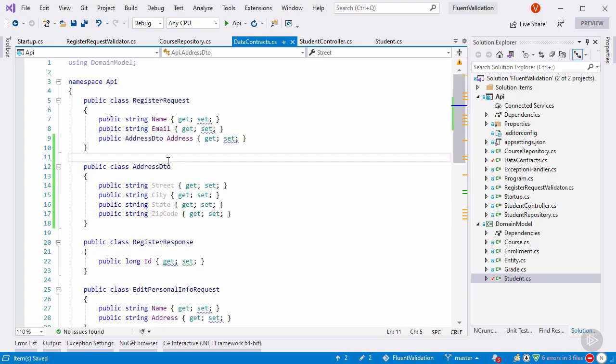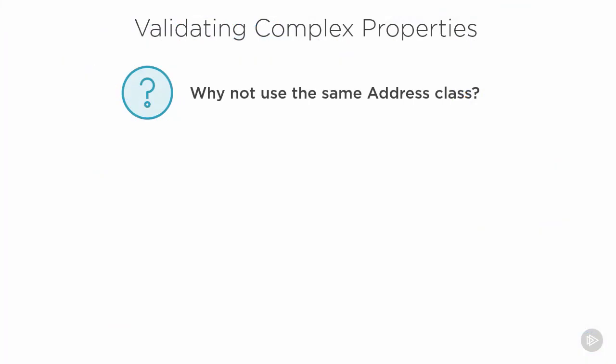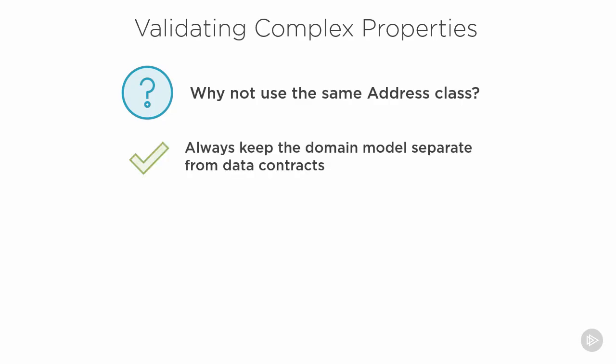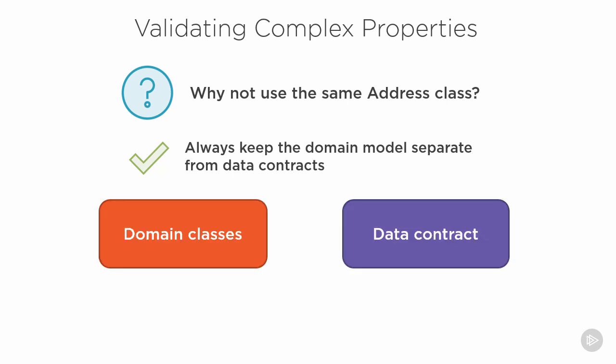Very good. At this point, you might ask, why not just use the same class here, the student domain class, since these two classes are almost identical? That might seem reasonable at first, but in fact, the use of domain classes as data contracts is an anti-pattern. You should always keep them separate. The reason is that they have different responsibilities.